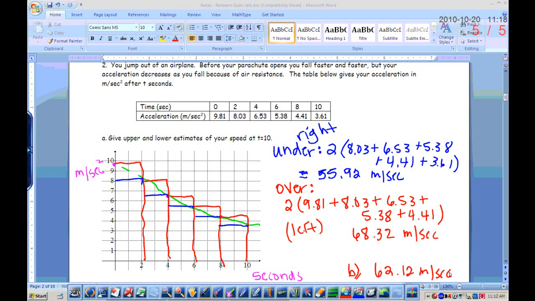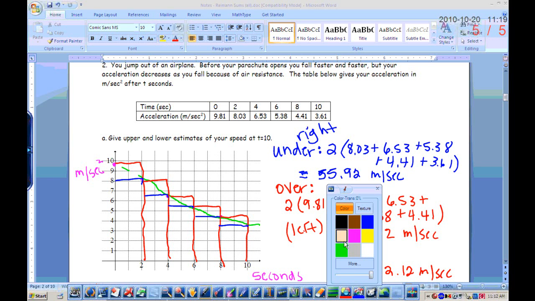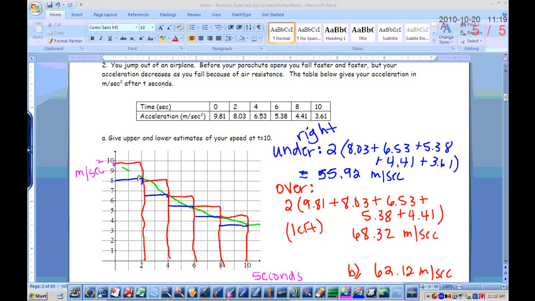Okay, part C, use the trapezoid method to estimate your speed at t equals 10. Hopefully you can use your pencil here to do this because you don't have a third color. But what I'm going to do is make a trapezoid out of every single interval. And if I make a trapezoid, then it's going to look like this.